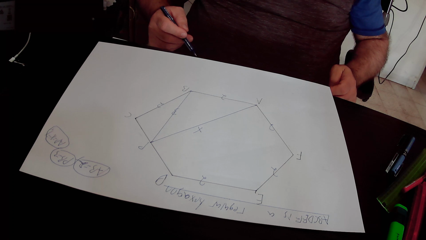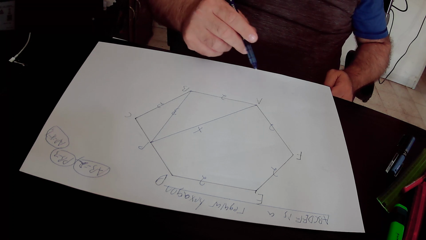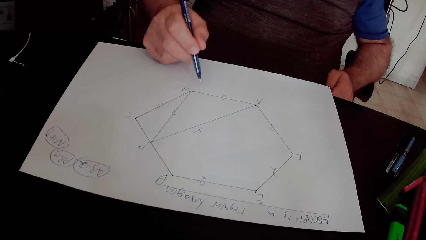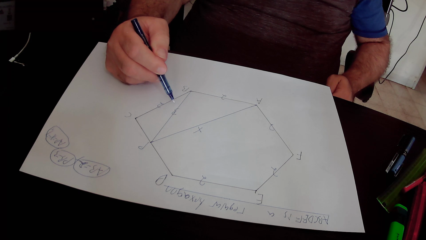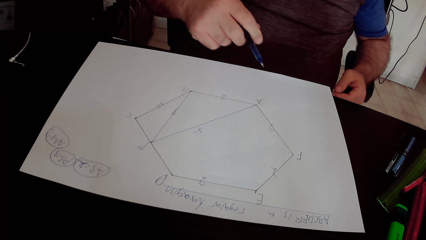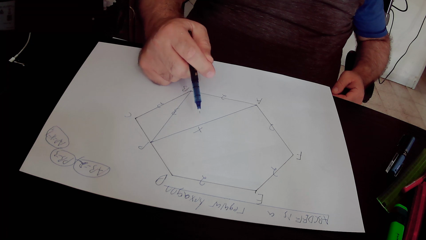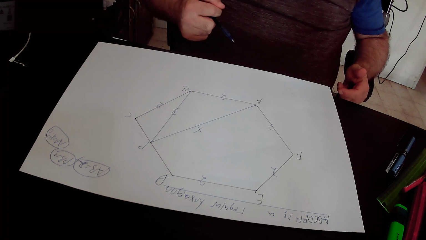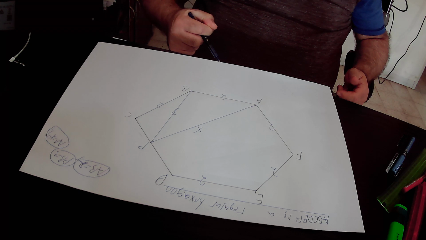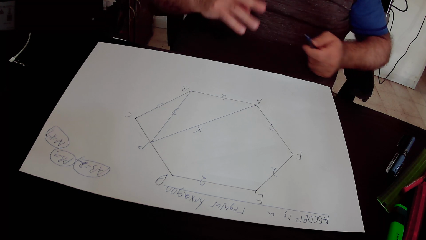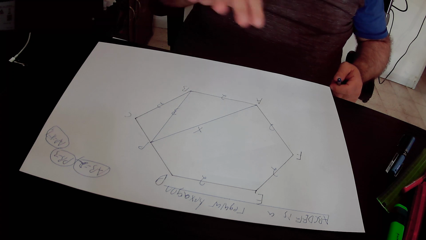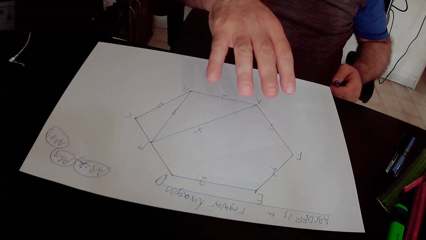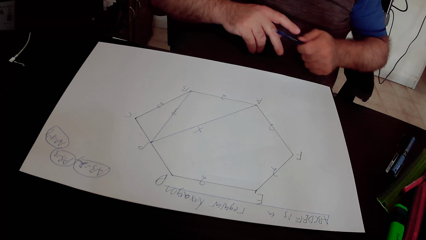Okay, so one side of this regular hexagon is equal to 2 units, and we also know that line segment PB equals 4 units, and our mission is to find the length of line segment AP, that is equal to X. We have to find the value of X. So first of all we'll find the sum of the interior angles of this regular hexagon.